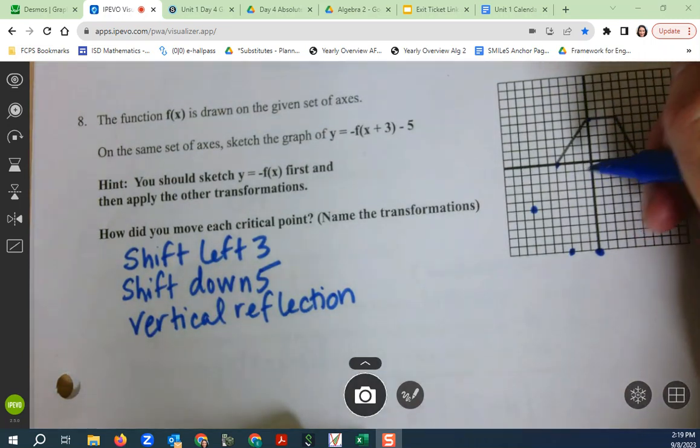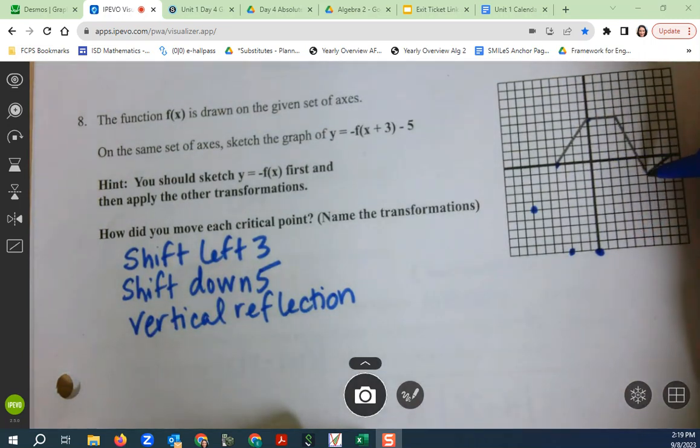All right, next one is here. When I reflect it, it goes above the line. So it was 2 below, it's going to go to 2 above. And now I go down 5, so it goes below again. 1, 2, 3, 4, 5 down, and 3 left.